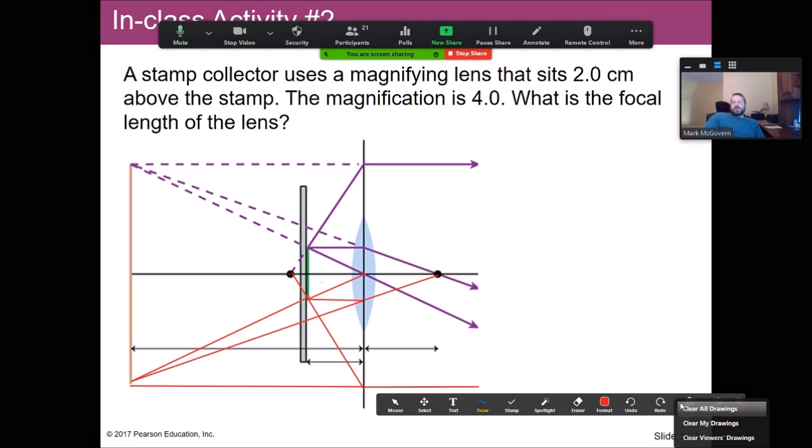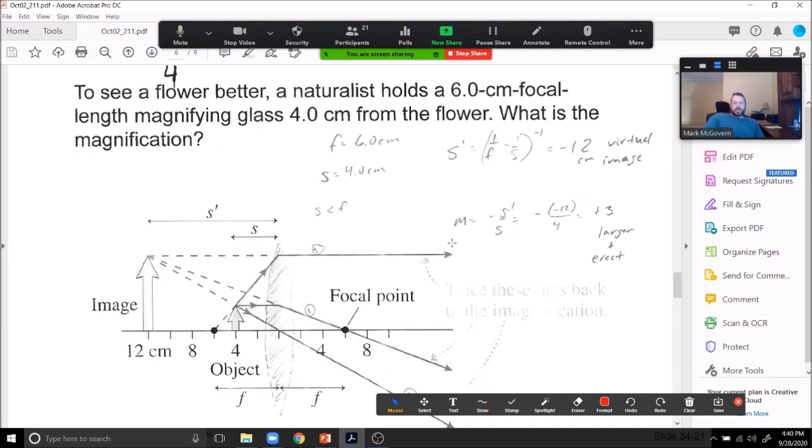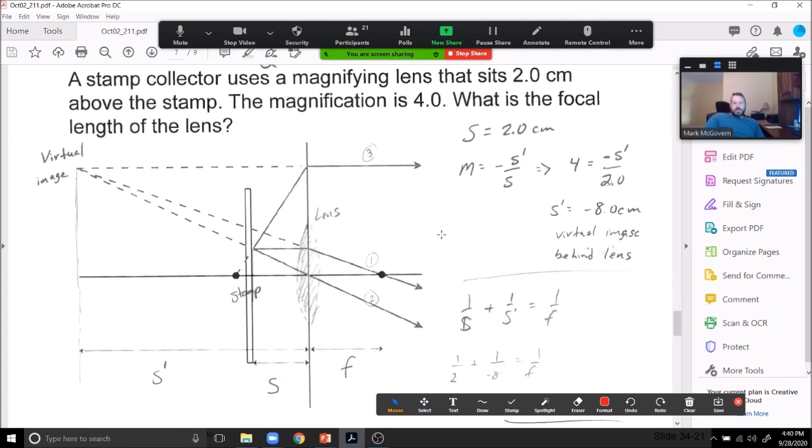All right, let's just do the numbers. Clear the drawings, please. Okay. S is 2 centimeters. The magnification is +4, which means we're going to have to use the magnification to figure out our image distance.